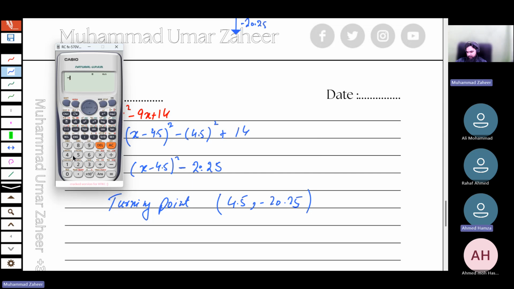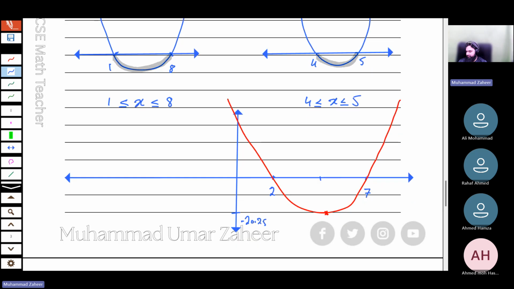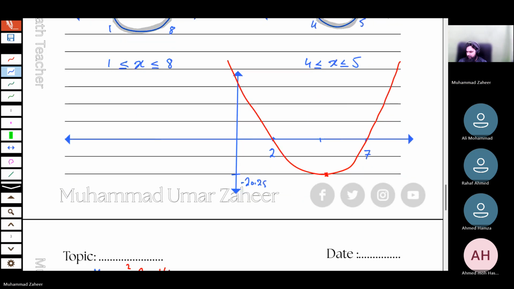It is minus 4.5 square plus 14. It is minus 6.25. Minus 6.25. I'm going to get it.